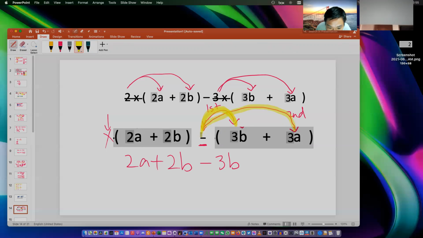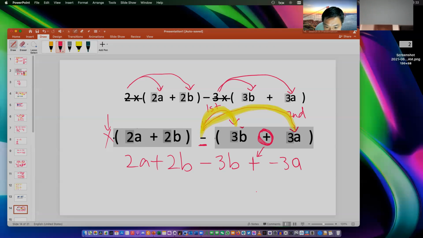But between the 3b and the 3a, you have a plus sign here. This plus sign is for you to separate your first and the second result. So you need to put a plus sign here.